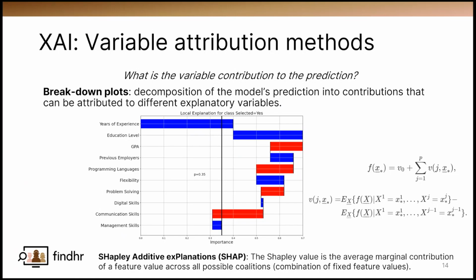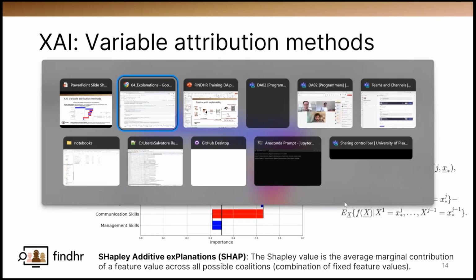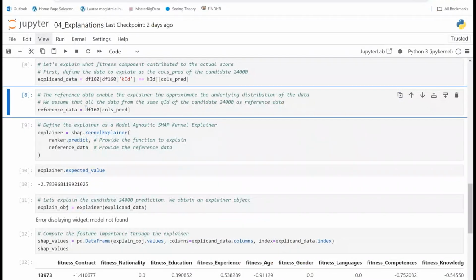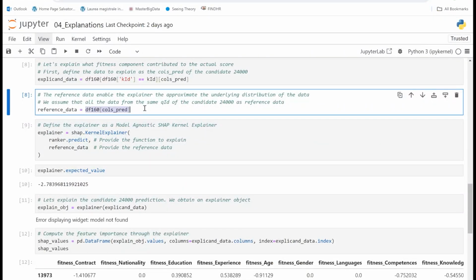So basically, doing an expectation means taking the instance to explain and replacing some of its attributes with attributes of other persons and seeing what happens. So in the code, we need to define a collection of persons applying to similar job offers.